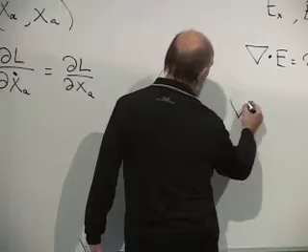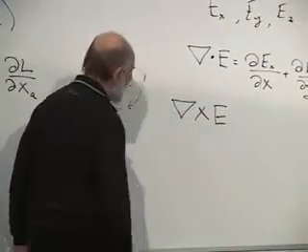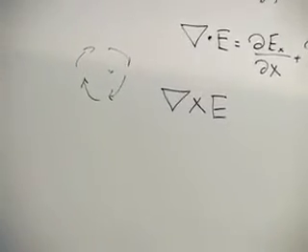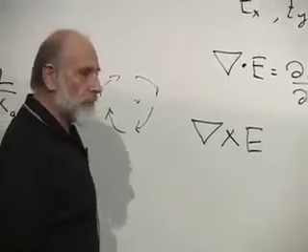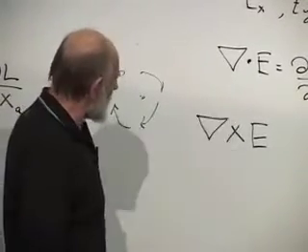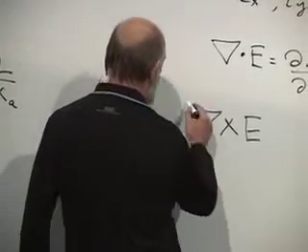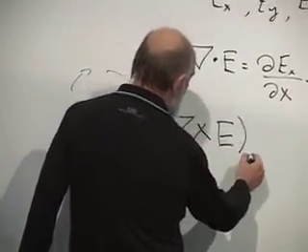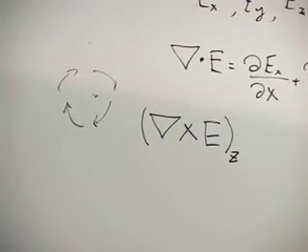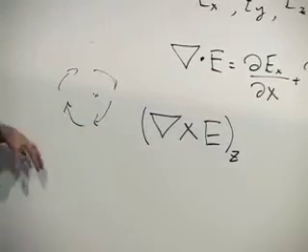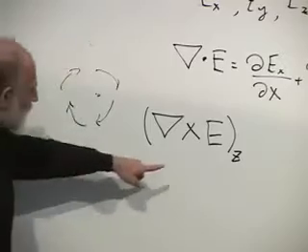Then the symbol for the curl is del cross E. It's related to the concept of cross product. I'm not going to go through cross product today, but I'm going to assume you know what it is. But in this particular case, I'll write down exactly what it is. It has in itself three components. So let's take the z component of it. The z component represents the tendency of the field to wrap around or to circulate around the z-axis.